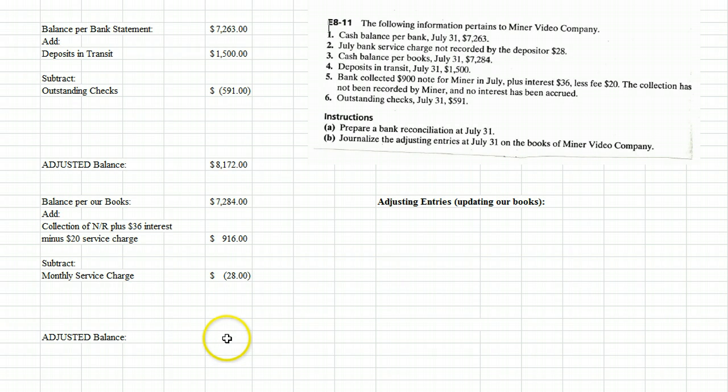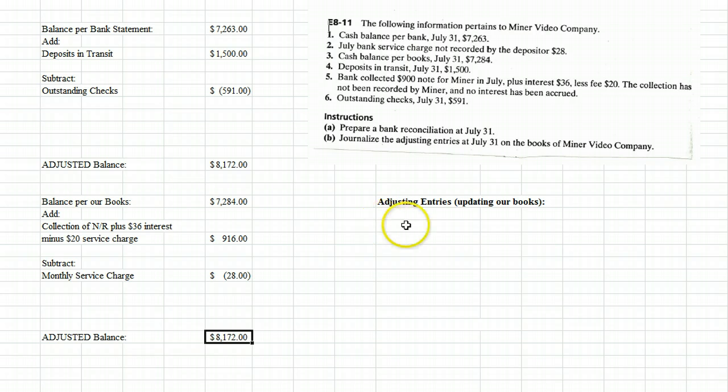And so the adjusted balance is the 9284 plus the 916 minus the 28, or 8172. So our adjusted balance per the bank statement is 8172, and per our books is 8172. Now if we discovered any mistakes, bank mistakes get treated up here, pluses or minuses. Our errors, our mistakes, get treated down here, pluses or minuses.